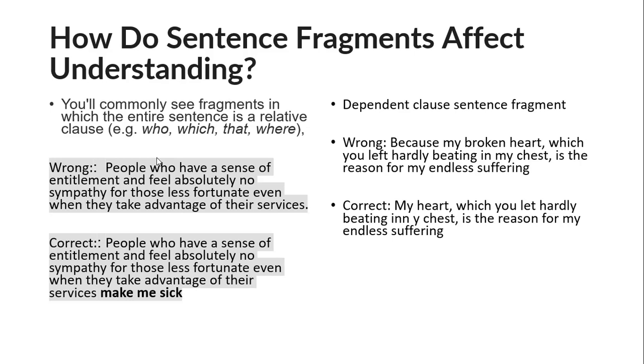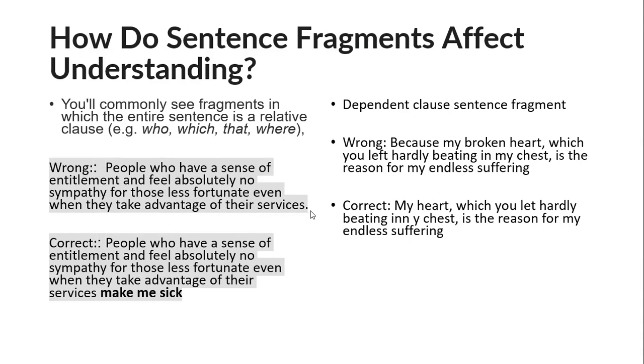For example, here, people who have a sense of entitlement and feel absolutely no sympathy for those less fortunate even when they take advantage of their services. Okay. What is missing here in this relative clause? You have mentioned people who have a sense of entitlement and feel everything is fine, but this sentence is not complete.